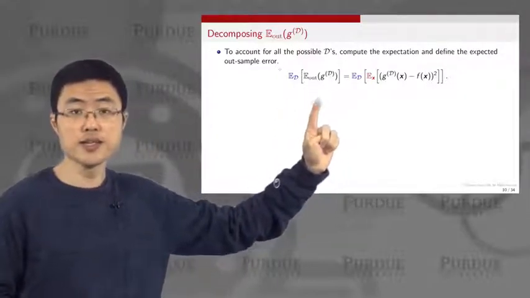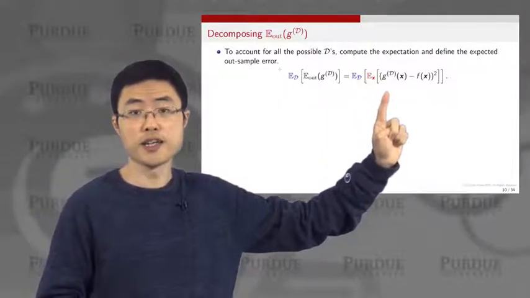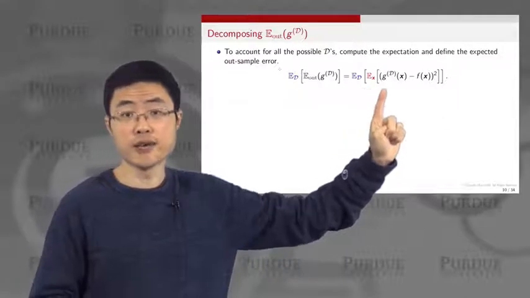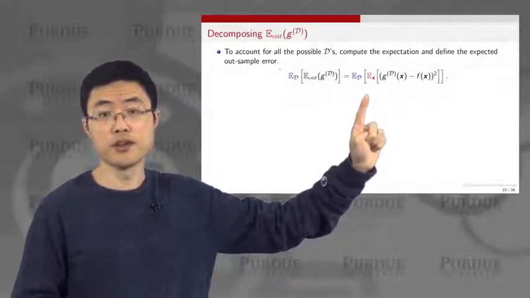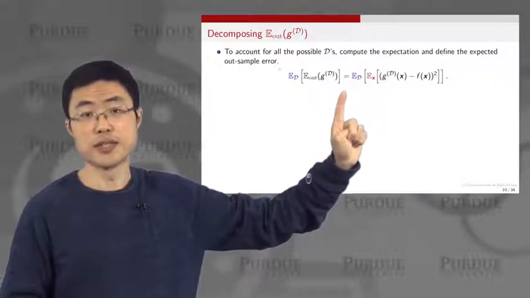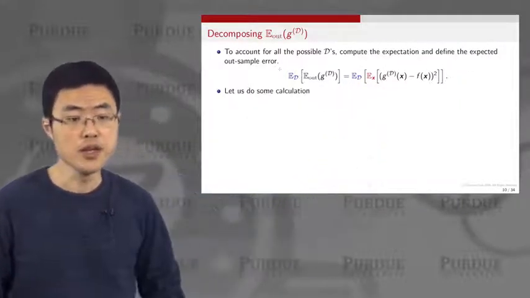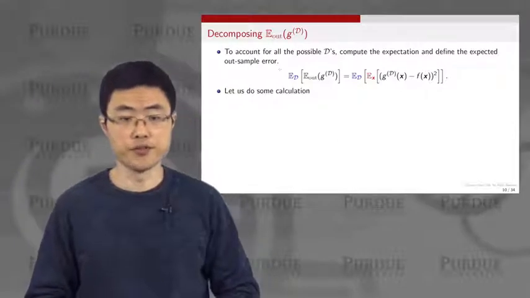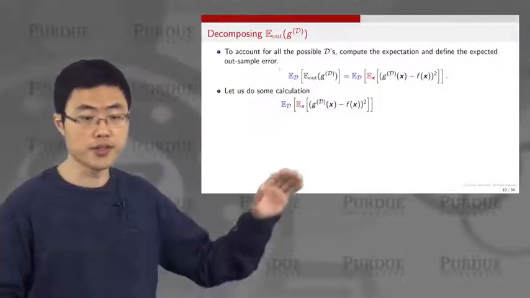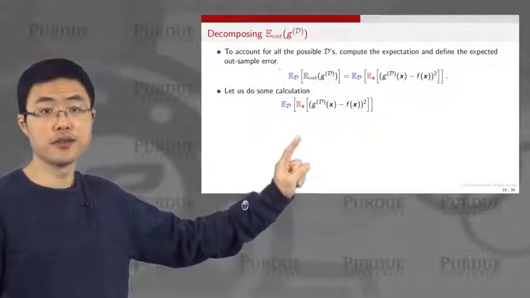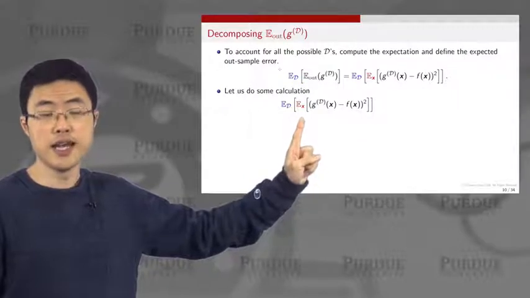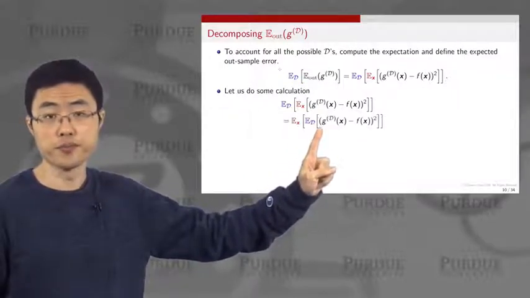And on the right-hand side of this equation, you have the expectation over all the x, which is used to calculate the error. Then you take the expectation over D outside to eliminate all the possible randomness in your training set D. So let's do some calculation on both sides. Let's look at the right-hand side. The right-hand side of this equation says that I am looking at the expectation over D and x of the square term.